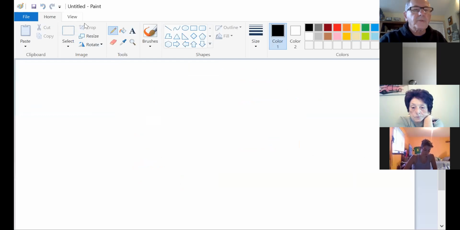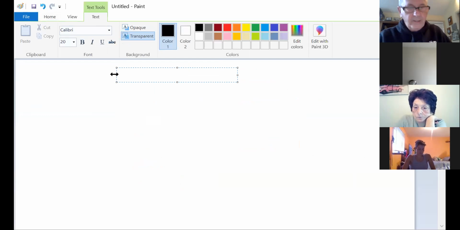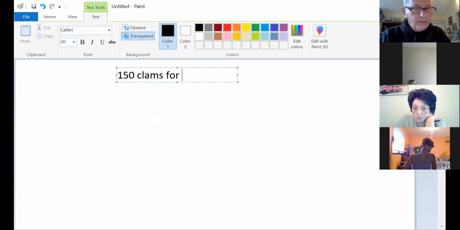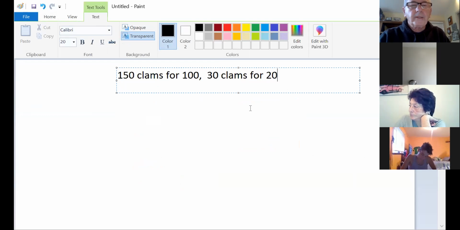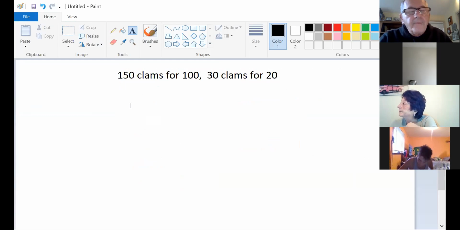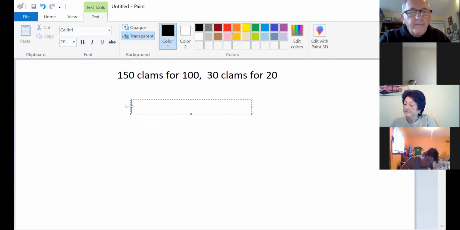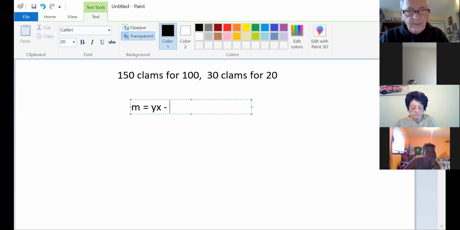In this particular case, we know two data points: 150 clams, 100 people, and also 30 clams, 20 people. So we can get the number of clams per person a couple different ways. We can get the slope. M is equal to, again, the same thing, y2 minus y1.